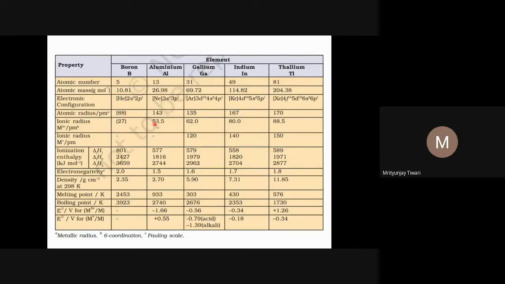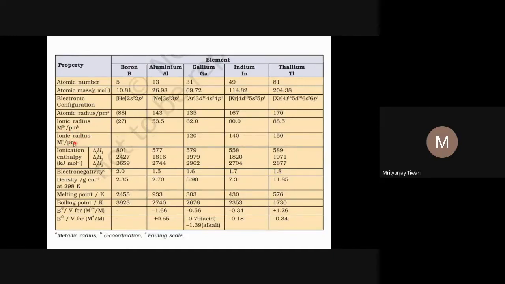So this is the real, experimental value: 53.5 for aluminum 3 plus, then gallium 3 plus 62, then indium 80, thallium 88.5. So you can see the continuous increase in the ionic radius when the ion is in the plus 3 oxidation state, the tripositive ion, which means a 3 plus charge on the ion or the element.